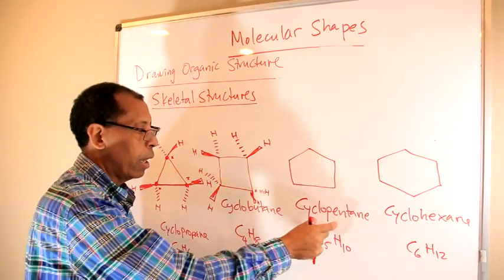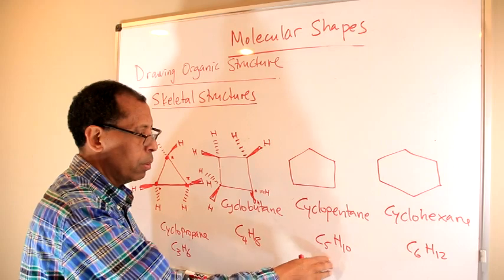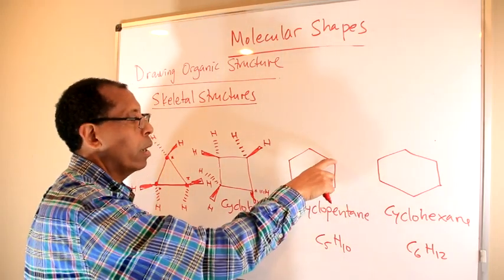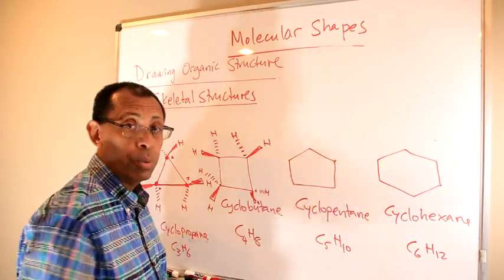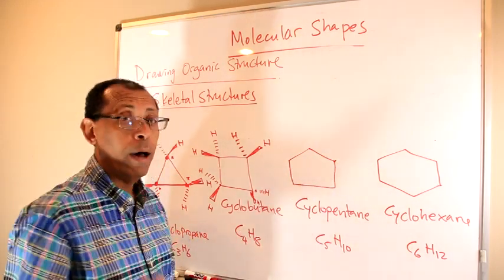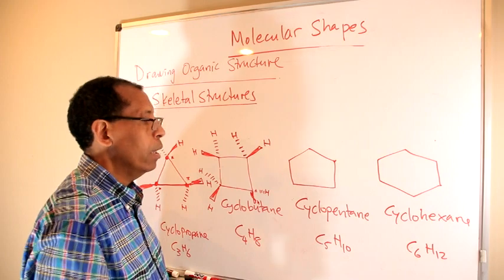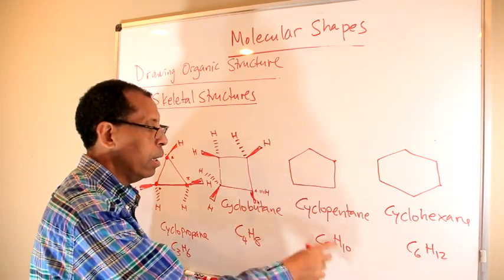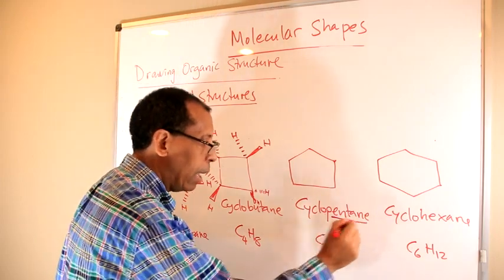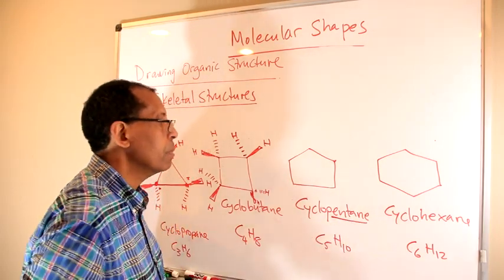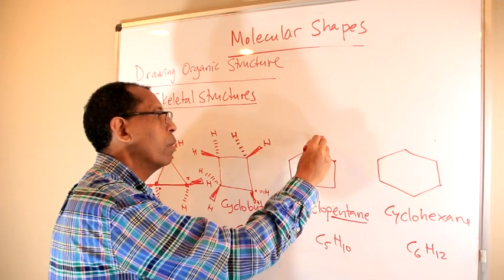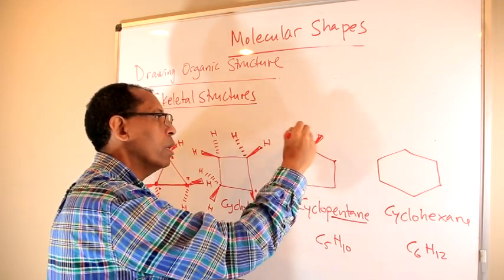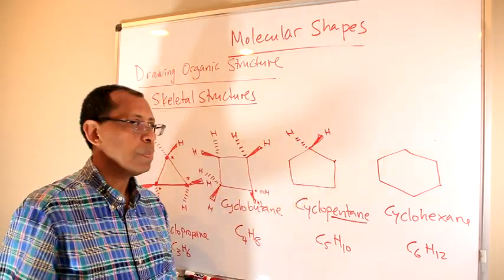Similarly, you can draw cyclopentane, where you have 5 carbons and 10 hydrogens. If you just count, each carbon has to have 2 hydrogens, obviously, because you cannot have more than 2, and therefore the C5 would be C5H10. It's called cyclopentane. That's 5 carbons. And the drawing, you can complete by having hydrogen in, hydrogen out.